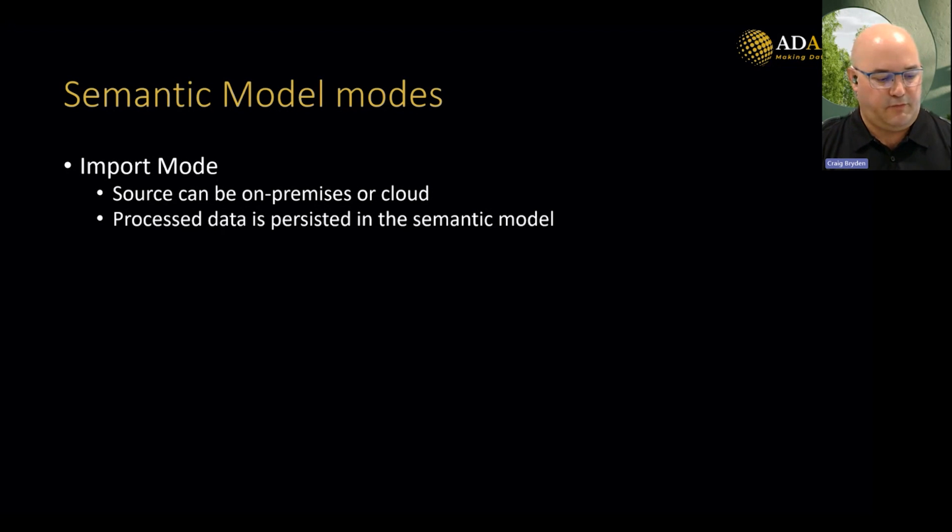So if you're pointing at a data warehouse, a copy of that data is being brought into Fabric/Power BI and persisted within the semantic model. Import mode gives you the most functionality and the best performance, but its limitation is that, as you saw with Power BI Pro, you can only refresh 8 times a day. So you end up potentially with stale data when you're using import mode. It's only updated every time you refresh the semantic model.